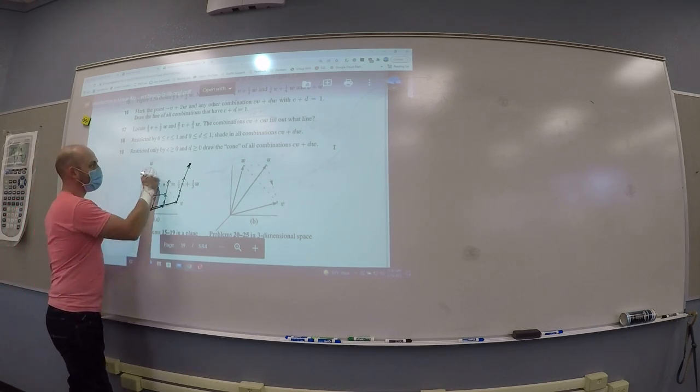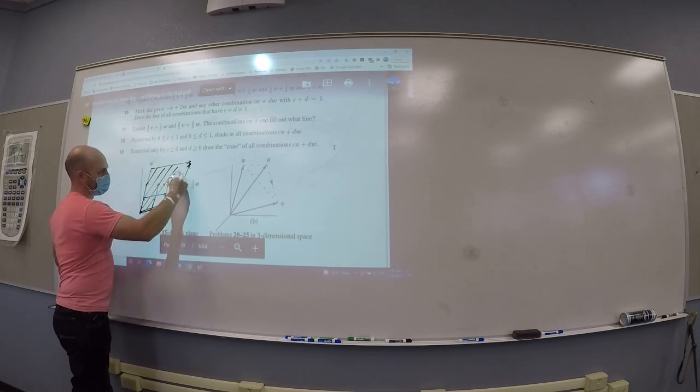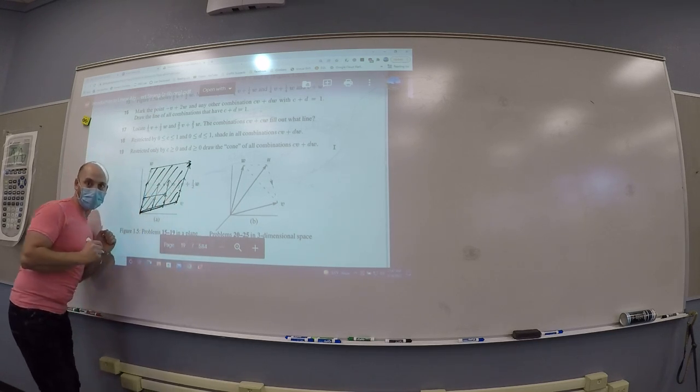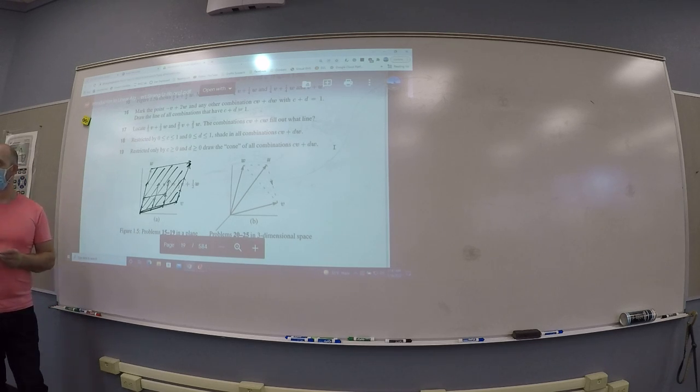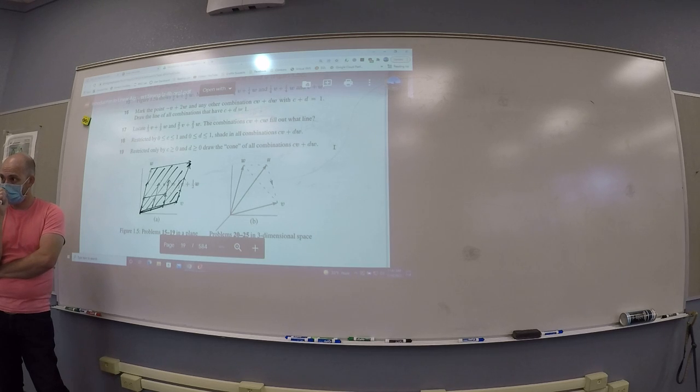Okay. So all told here, I'm going to get this section of the plane shaded. Good? I guess my only problem would be trying to figure out how to write a proof of that.